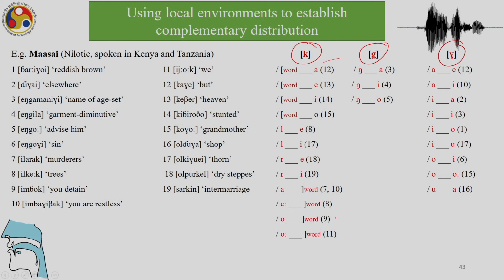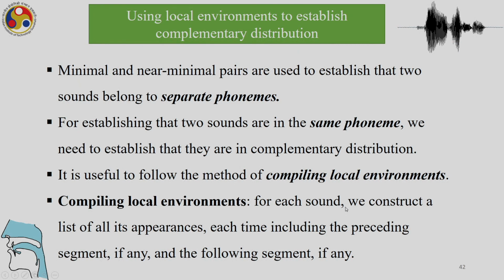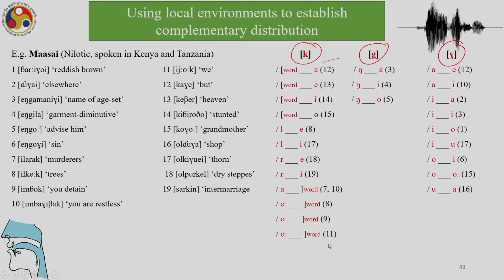So this is what is meant by compiling local environments. When you compile local environments, we look at the preceding and the following segment. This is what is being done here, so we have compiled the local environments and we have found these.